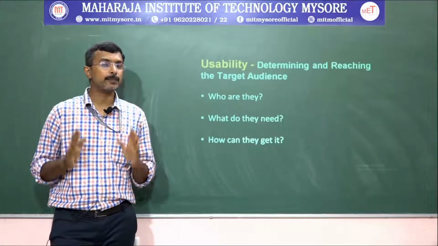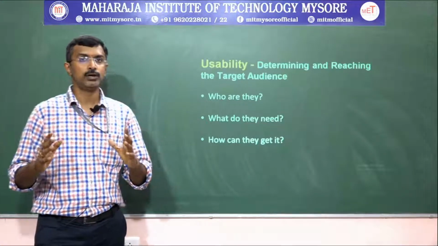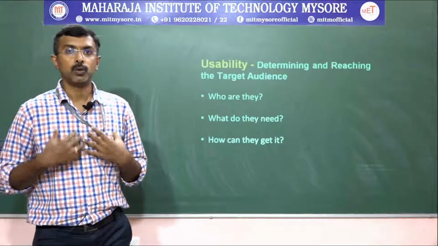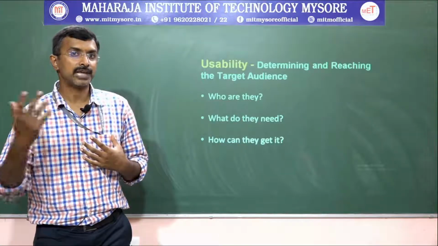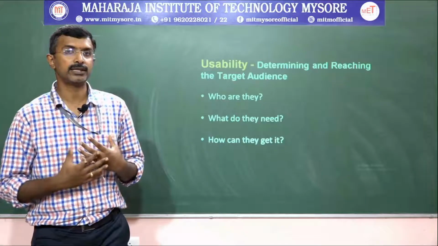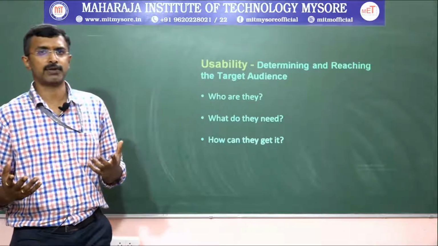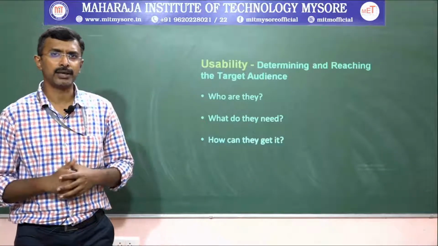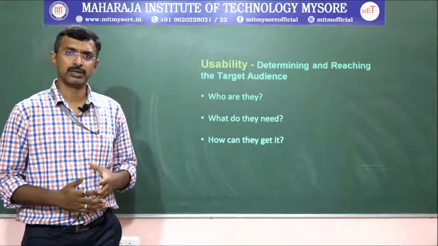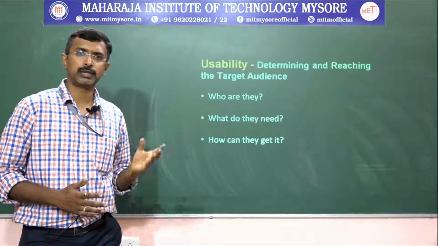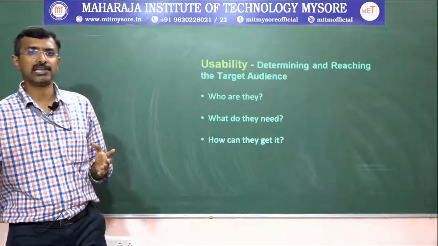You should be developing your applications in such a way that you know who your audience is. What are they looking for? Their time constraint, how much time they will be able to spend, how fast they can easily access your application. Say Google Pay, how fast we can transfer. See, there is a very big difference between Google Pay and your normal net banking.